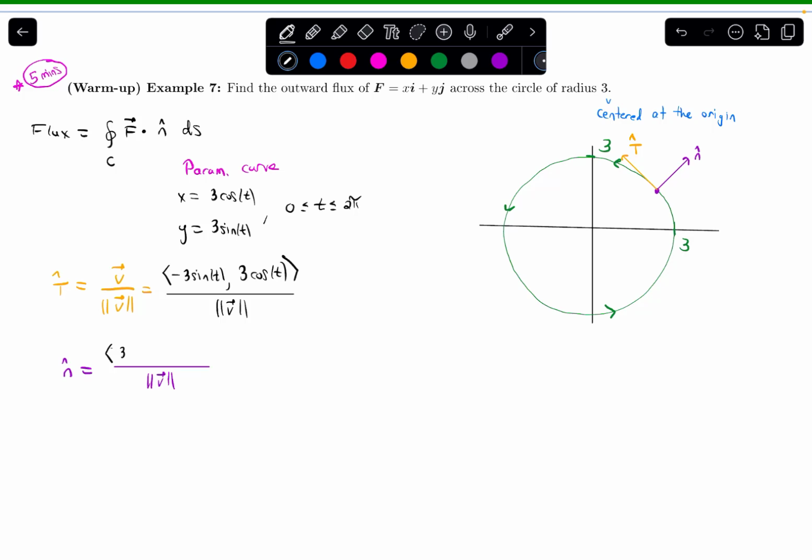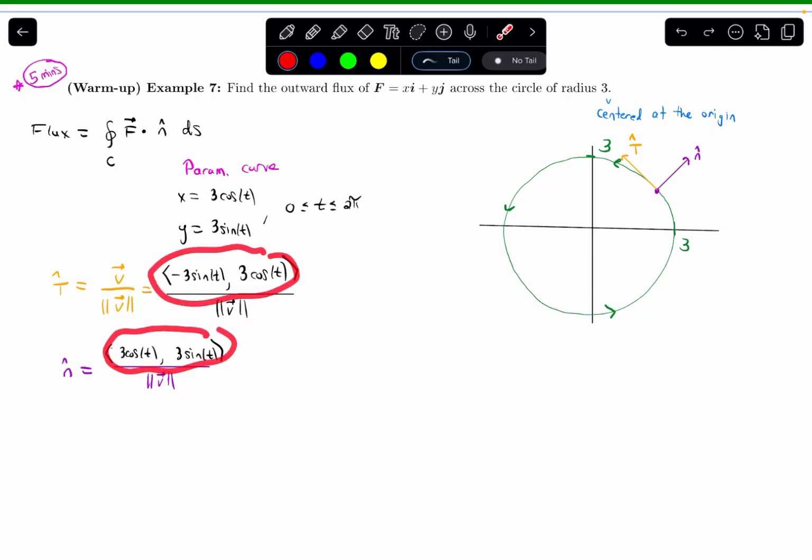I'll move 3 cosine t to the front and 3 sine t afterwards, and I'm going to switch the sign of it to make it positive there. I could check now that if I take the dot product of these two vectors, on the denominators I just have these scalars, so they will just multiply each other. And then when I dot these two vectors, when you multiply the x components, you'll get negative 9 sine times cosine.